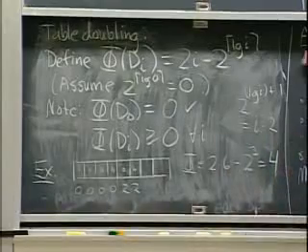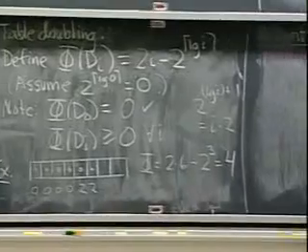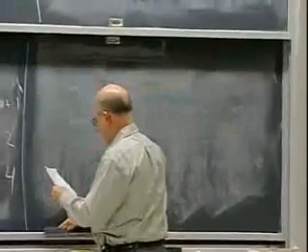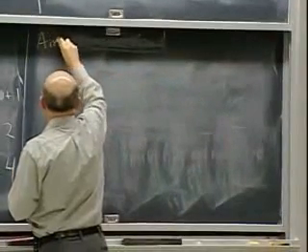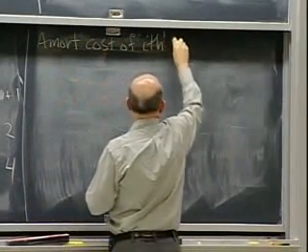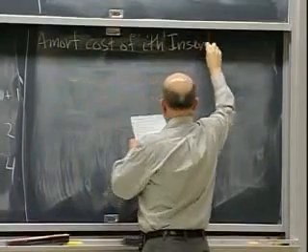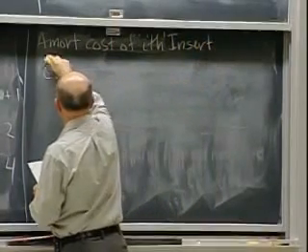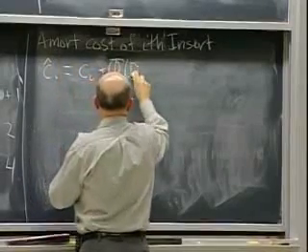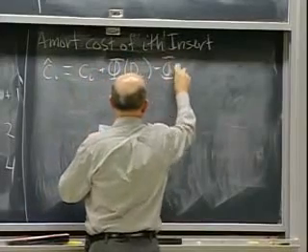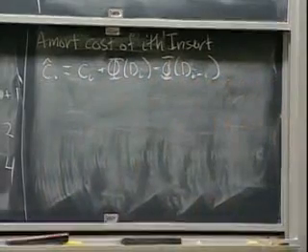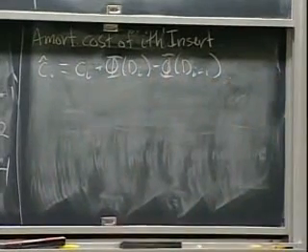Okay. So now let's add up the amortized cost of the ith insert. Okay, so that's the amortized cost of the ith insert, just by definition.